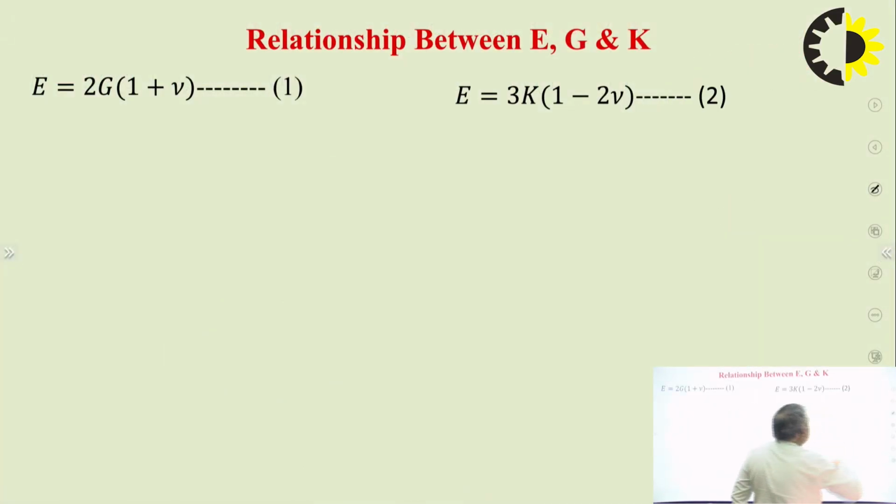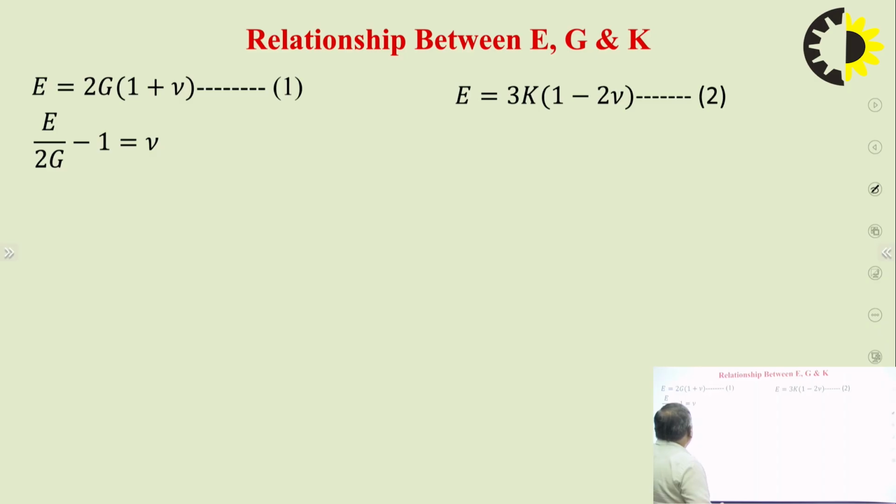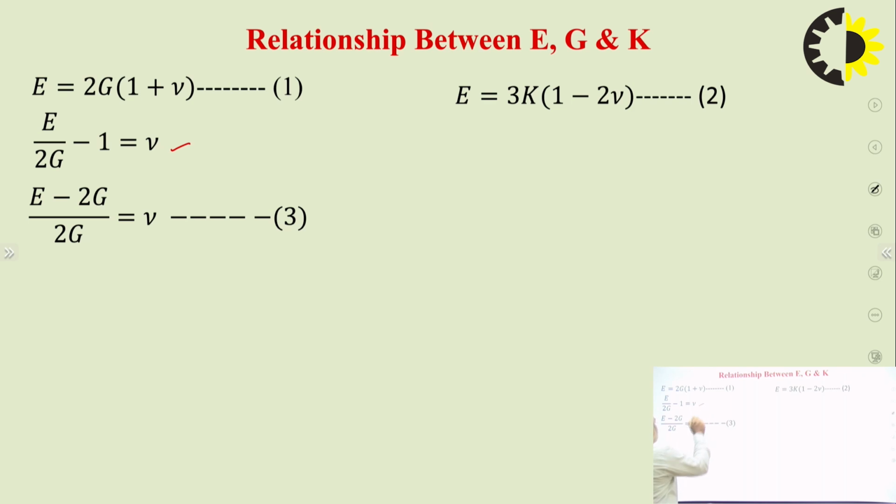From these two equations, we should try to get the value of ν. From this side, E/2G − 1 = ν, and ν = (E − 2G)/2G.